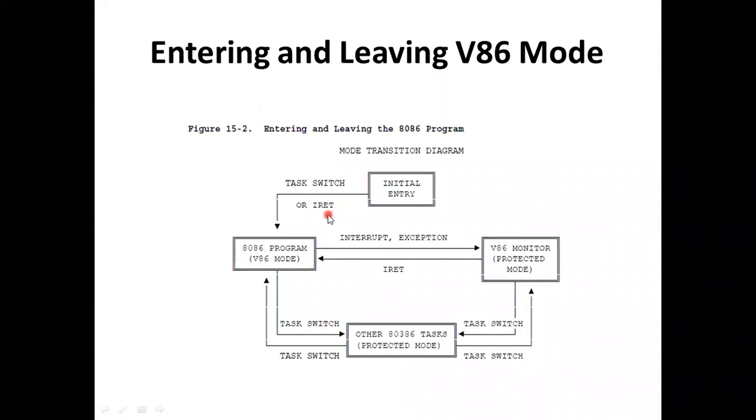Okay, so what is expected is that we get this as a part of the flow. So when you are entering, it will be due to this reason that we entered V86 mode. If it is due to interrupts or exceptions, then it will be entered into the V86 monitor.